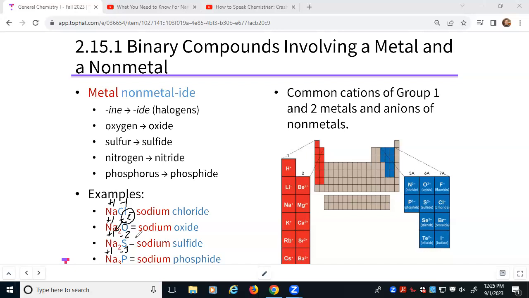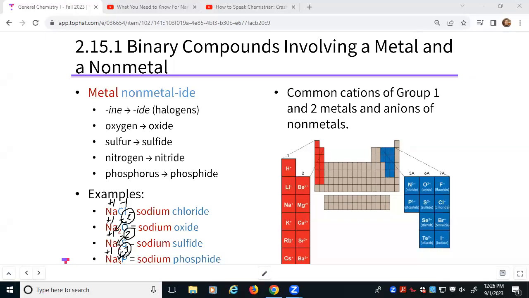If the charge happens to be 1, then the subscript is going to be assumed; we don't need to write it. But otherwise, that charge turns into the subscript in every single one of those cases. That's going to provide us the charge balance necessary to keep this ionic compound neutral and give us the correct ratio of elements to each other.